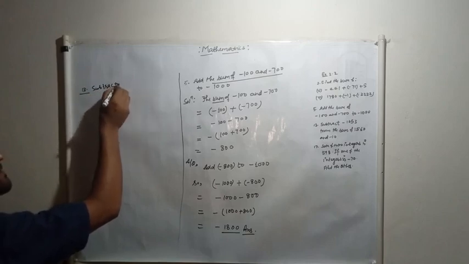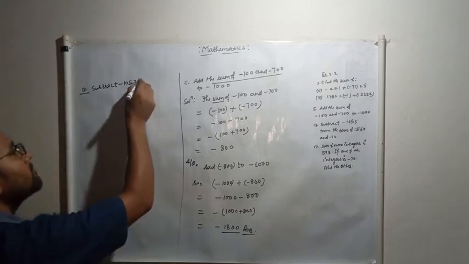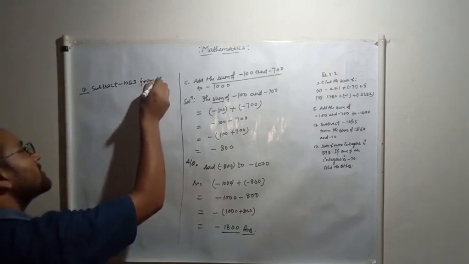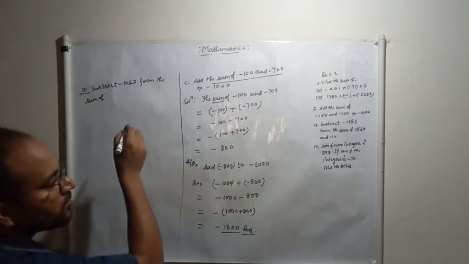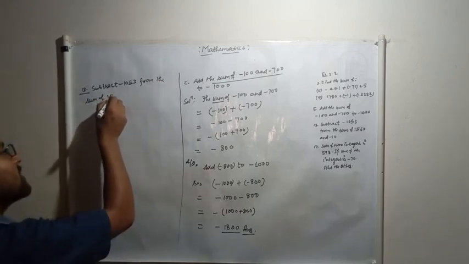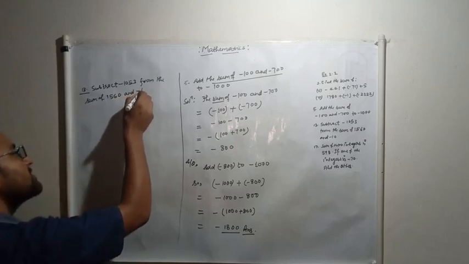Subtract minus 1053 from the sum of 1560 and minus 10.